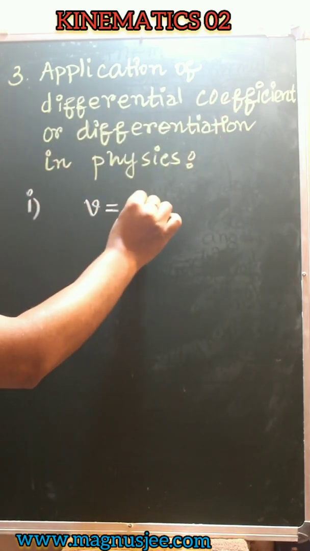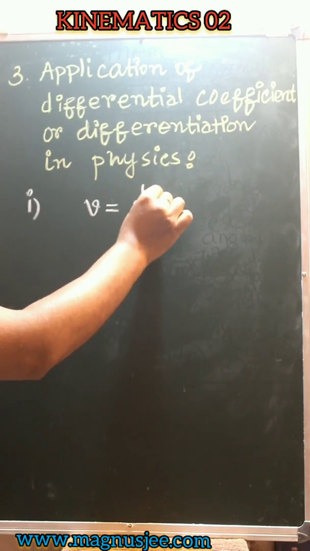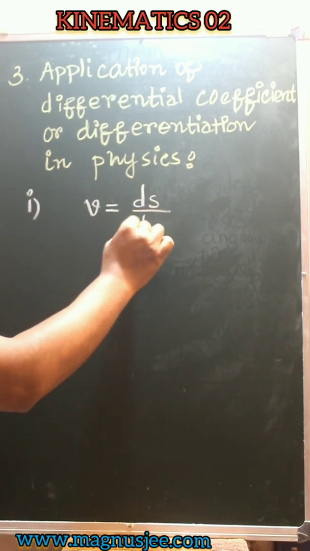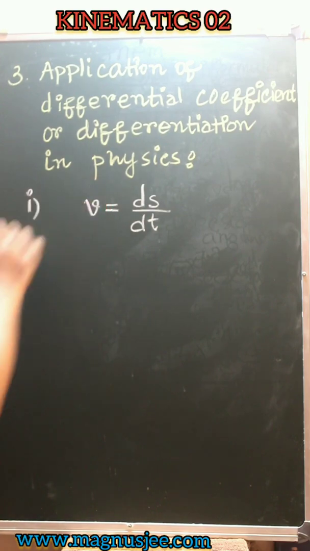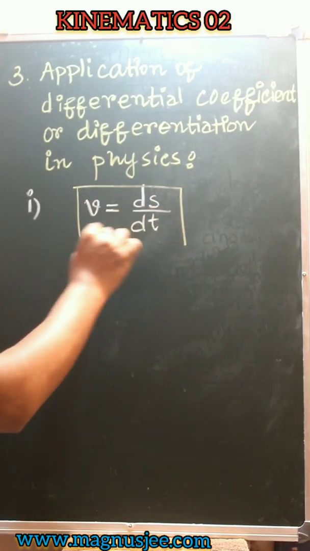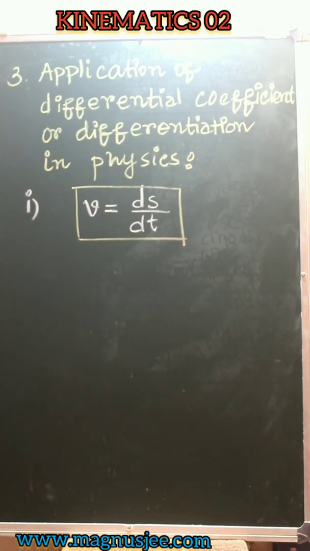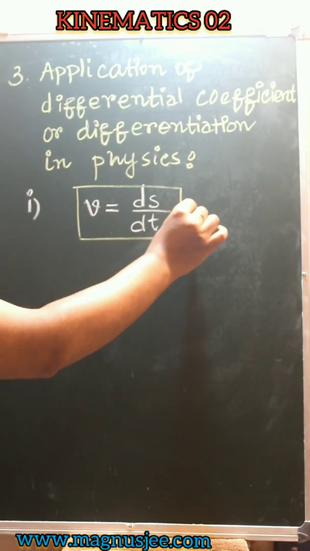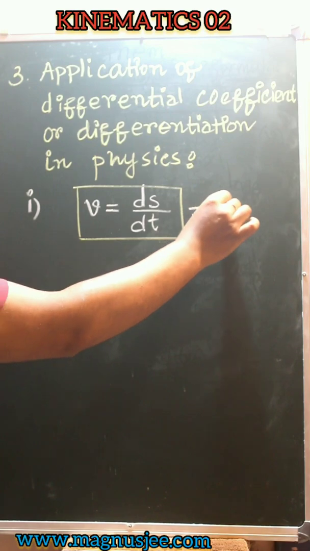v equals ds by dt, where v is the instantaneous velocity of a body at instant t.